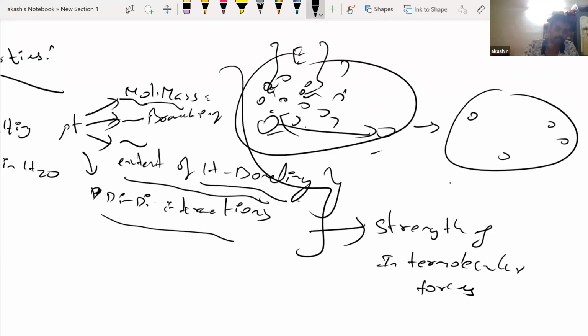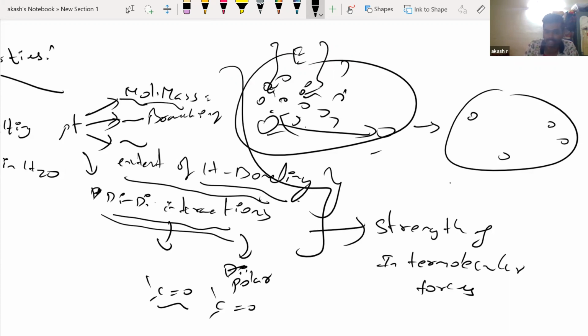Now, this dipole-dipole interaction is what exists in your aldehydes and ketones. Hope you remember, this happens only for polar species. I had that polar bond in C double bond O. Whenever we have polarity, the more electronegative atom will have del negative, and the less electronegative atom will have del positive.